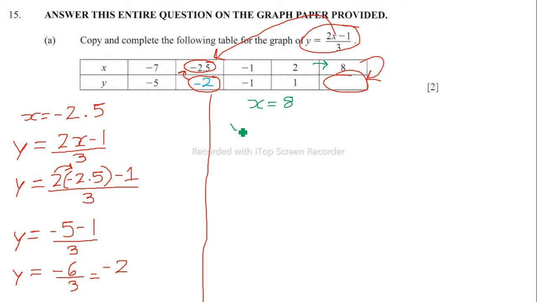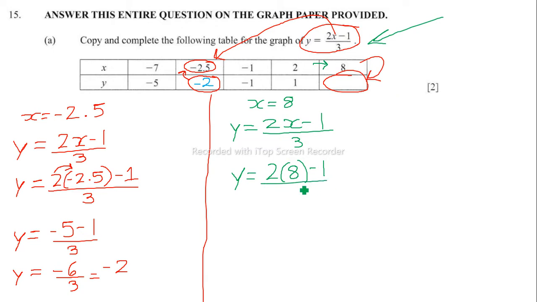So we have y equals, still using the same formula, y is equal to 2x minus 1 divided by 3. Remember, wherever we see x, we place what? The 8. So we put the 8 there. It'll be 2 times 8 minus 1, divided by 3.